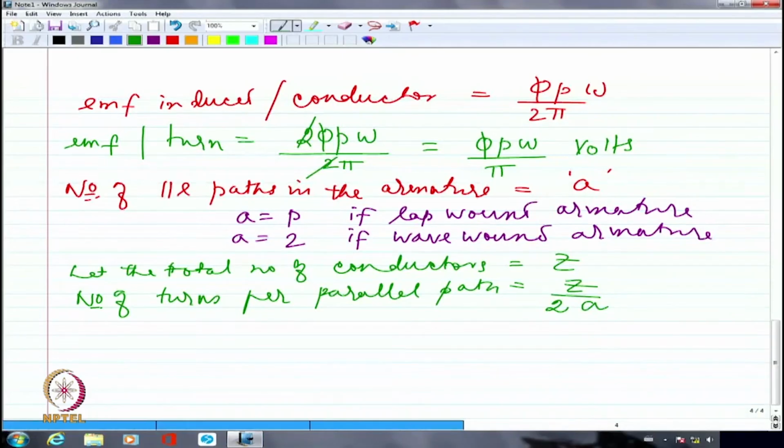Right? Now all I need to do is to multiply whatever is the EMF per turn by the number of turns per parallel path. That will give you the total voltage generated. That's all. Right?